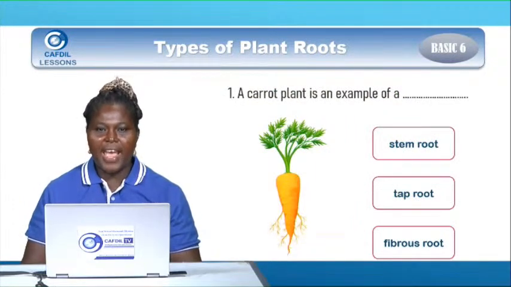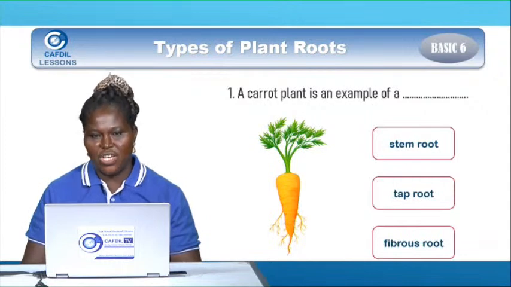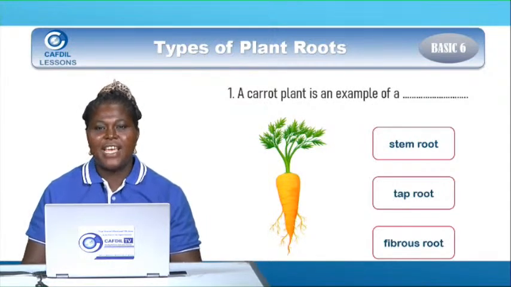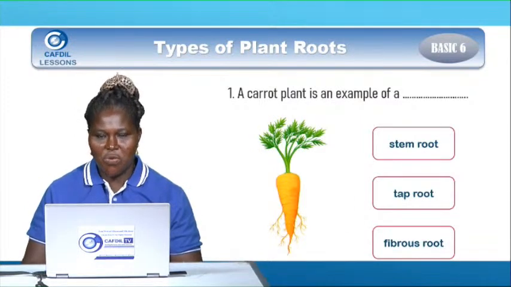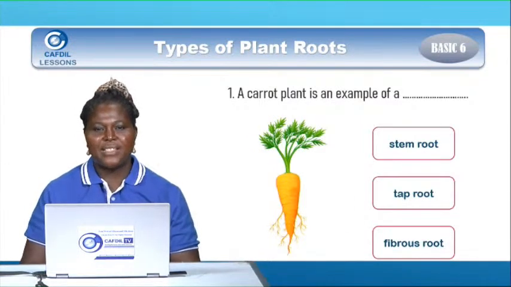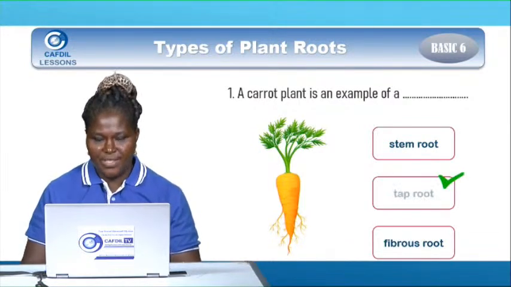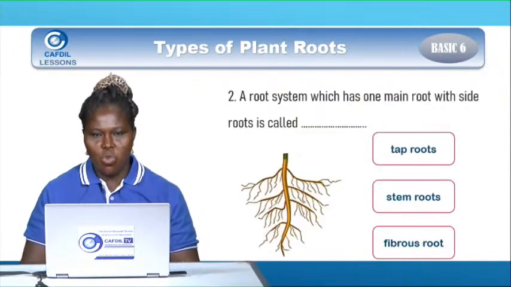Question number 1. A carrot plant is an example of a dash. So the carrot plant is the tap root. Number 2.